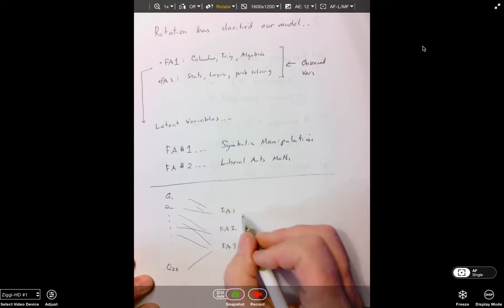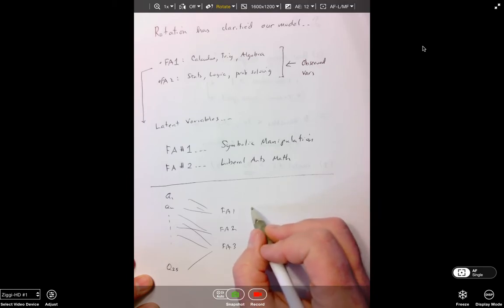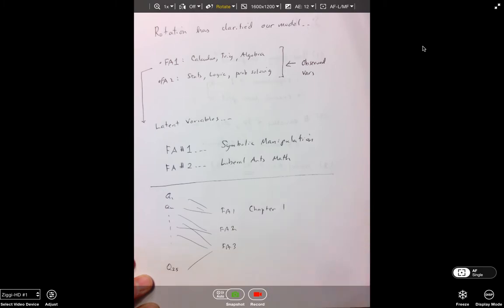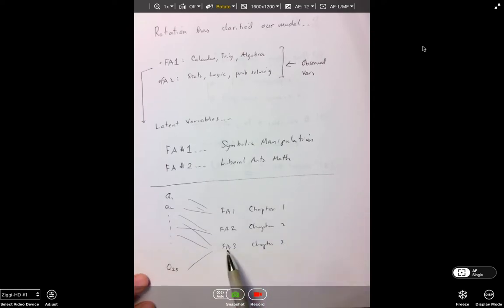All the questions that emerged on factor 1 were out of chapter 1, all of these were out of chapter 2, and all of these were out of chapter 3.